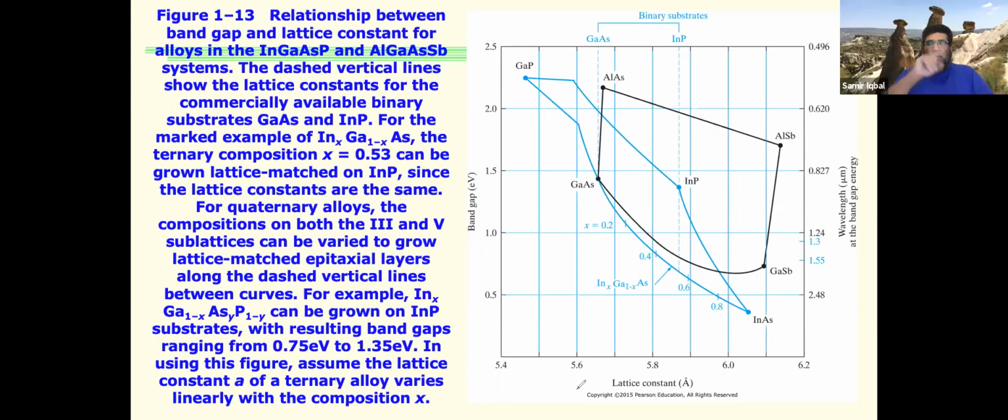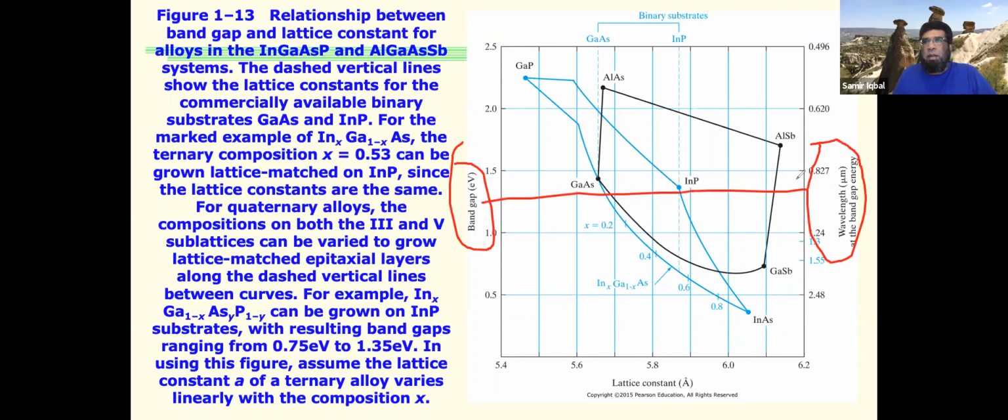So band gap has a direct relationship to the wavelength. So that's another thing which we see. These two things are related. We'll look at their relationship later on. And they all depend on what is the X subscript X or subscript Y for different combinations.